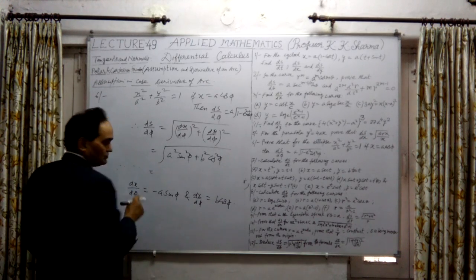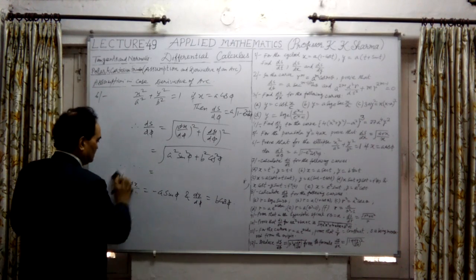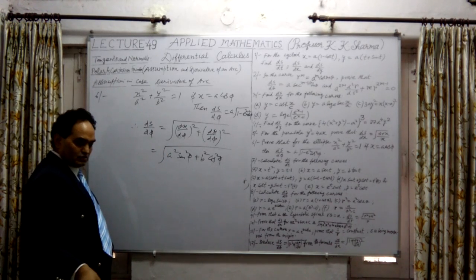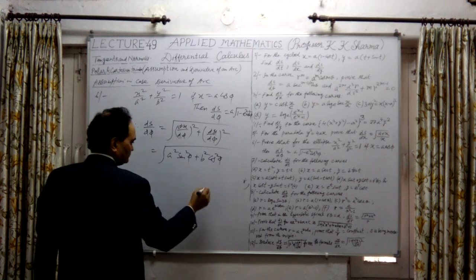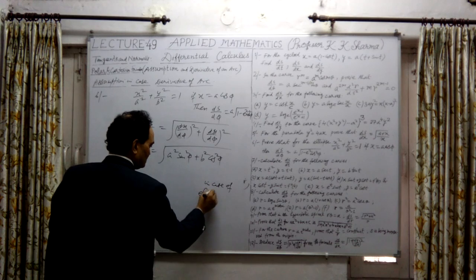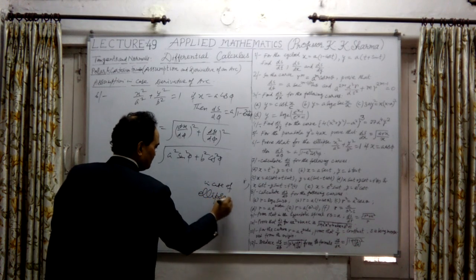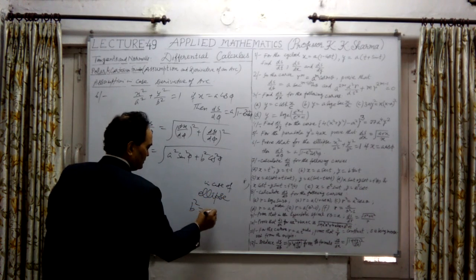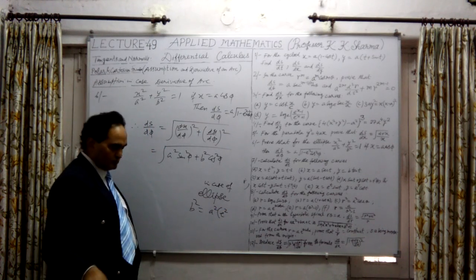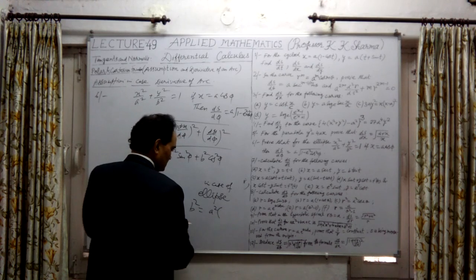Now we have to know that in case of ellipse, what is the value of b square? B square is given as a square into 1 minus e square.